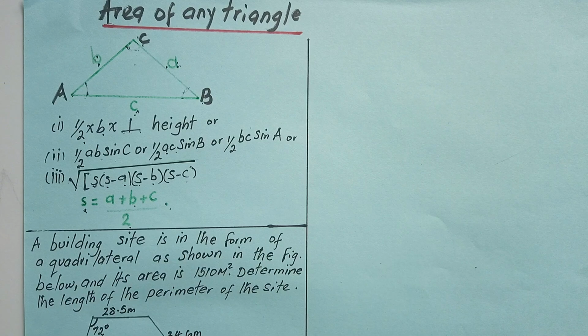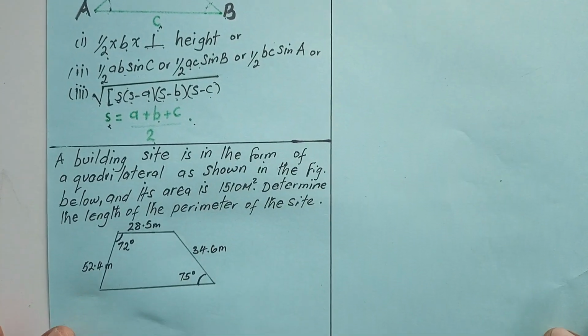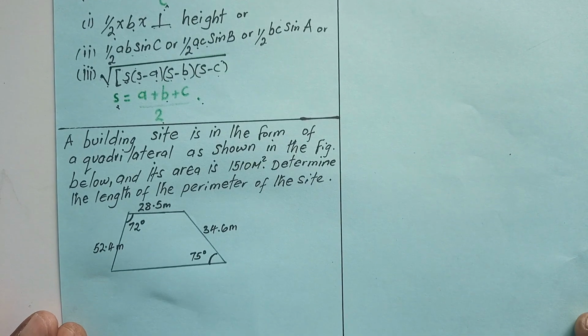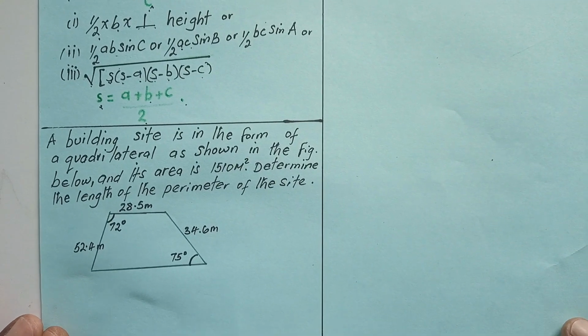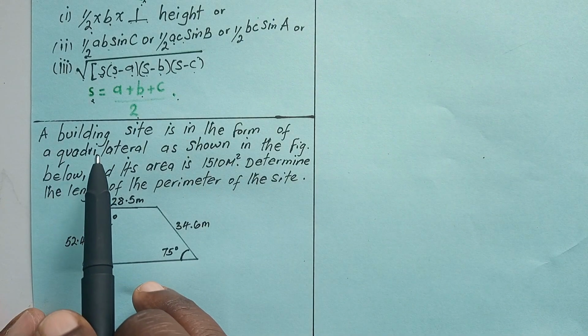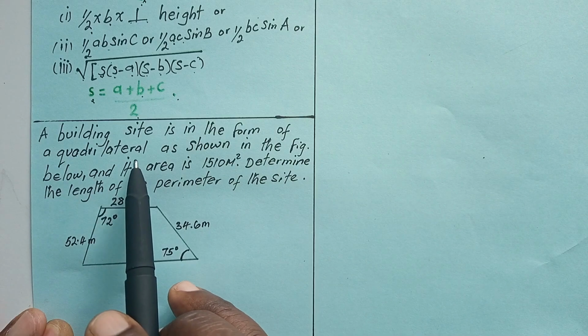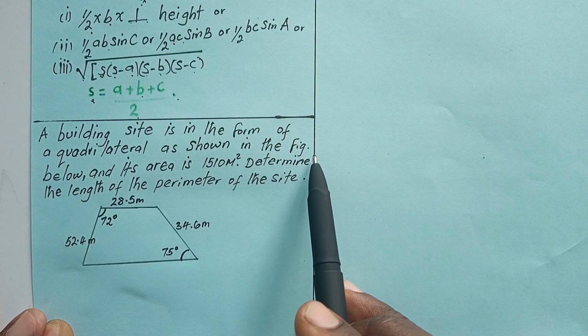Now, having heard that introduction, we go now to a specific example that will help us understand how we calculate the area. We are given a building site in the form of a quadrilateral as shown in the figure.